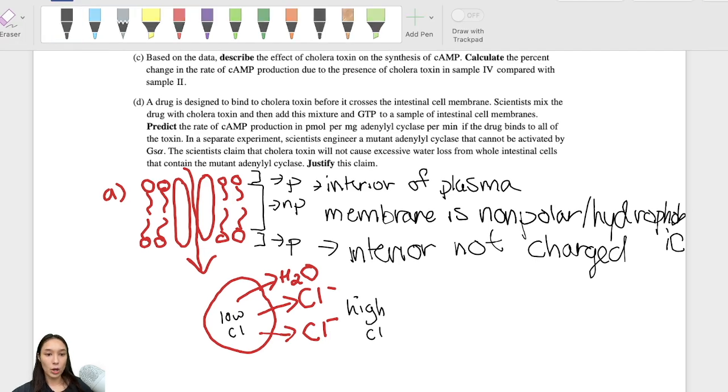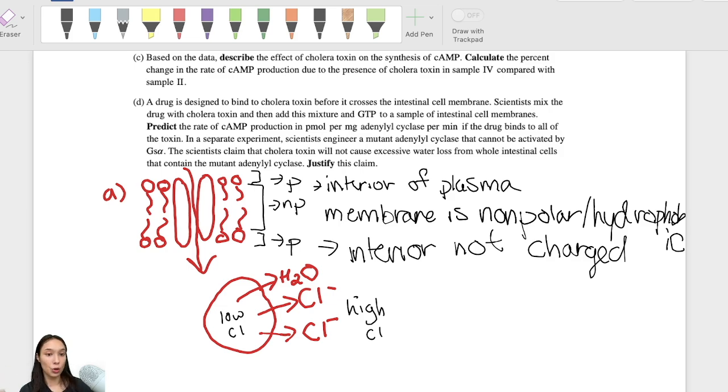Our concept of osmoregulation says that water is trying to balance out the solute concentration on the inside and the outside. So when a solute, in this case an ion, can't easily cross the barrier, the easiest thing after that is to move the water.